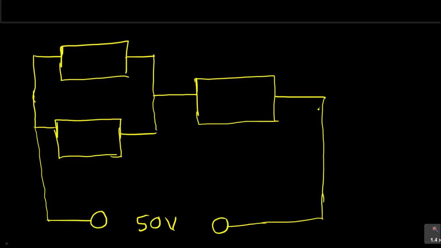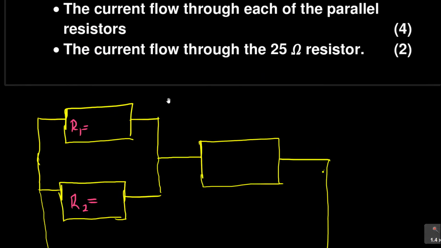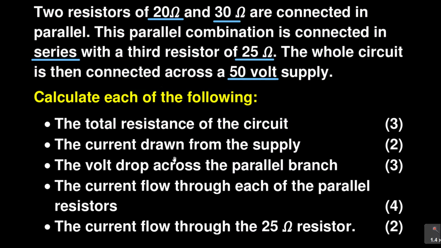What I was trying to do there when I said I'll explain that: if this is our R1, because I need to write the number, our resistor 1 and our resistor 2, they told us the values are 20, 30, and the other one is 25.